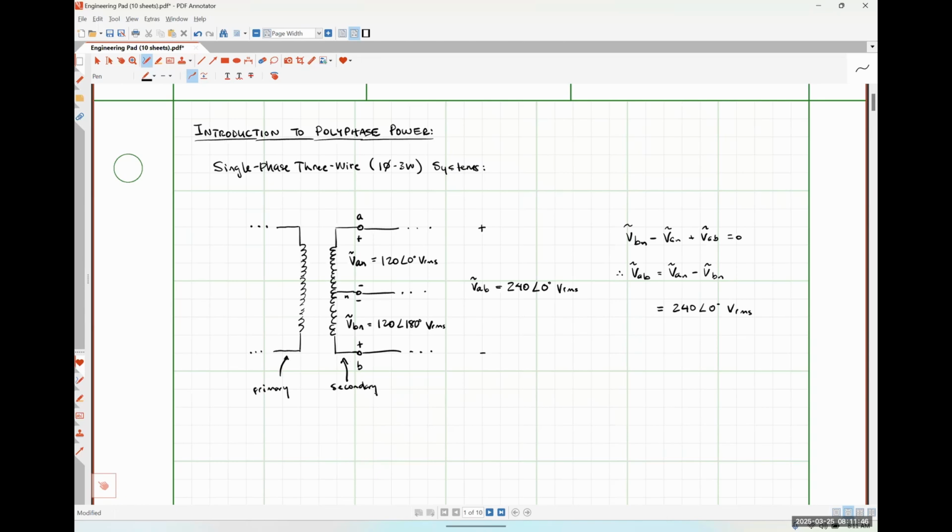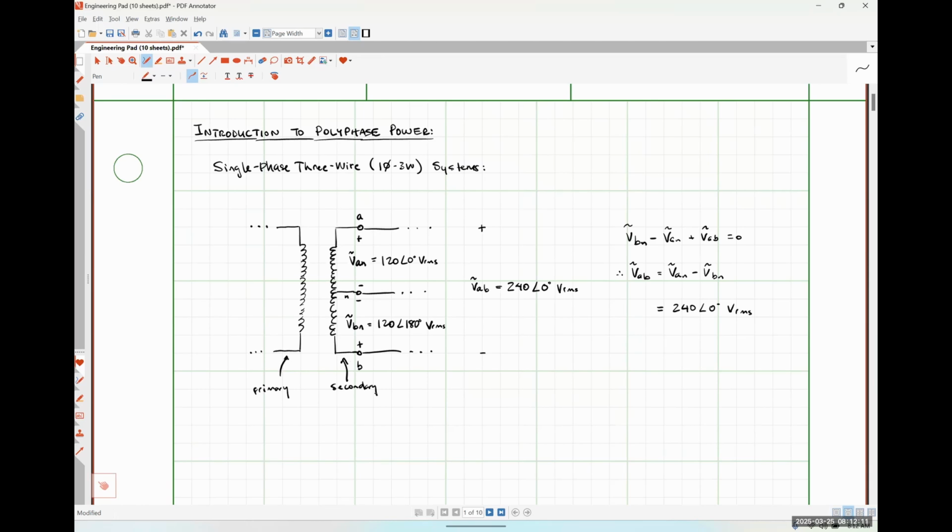Now, we don't necessarily have to have a center tap on a transformer. We could put the tap literally anywhere so that we can get any range of voltages for what we have access to on the outside terminals. But in our homes, it's always a center tap transformer so that we have access to both 240 volts and then two different 120 volt systems like that.